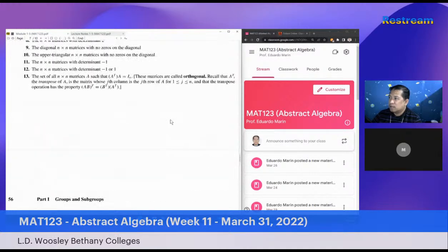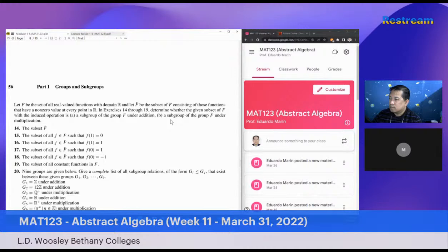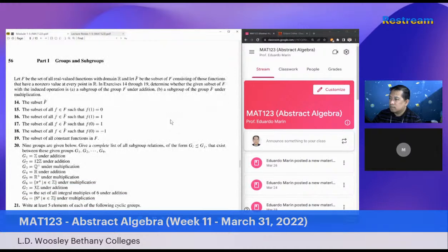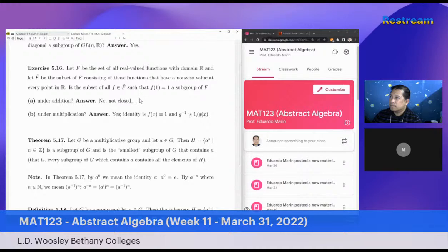Yan yung ating titingnan. So puro non-zero value siya, Micaela, no? Pag F tilde, as we review here.